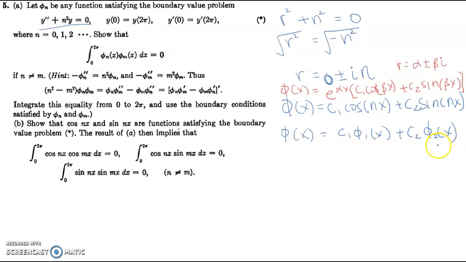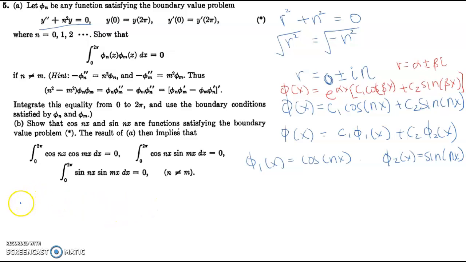This was from the chapter reading, so we understand that phi 1 of x equals cosine of nx, and phi 2 of x equals sine of nx. Now let's determine if this is linearly independent or dependent. I think testing that out would give us a lot of additional information.